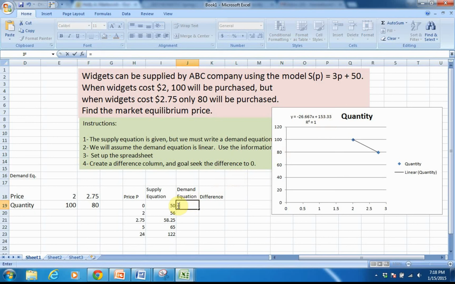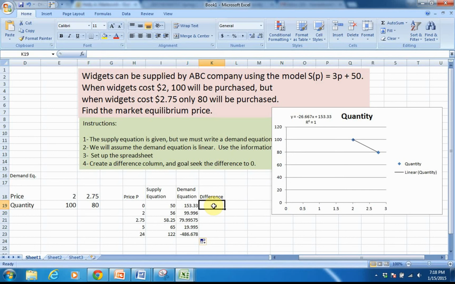My demand equation, remember, is going to come from here: equal negative 26.667 times P, plus 153.33, enter. Double click that down. Let's talk about the difference now.